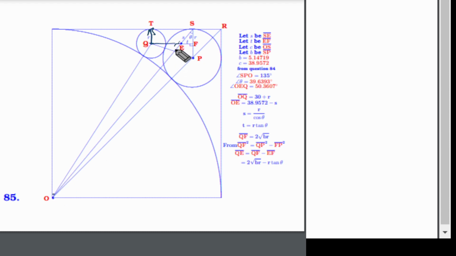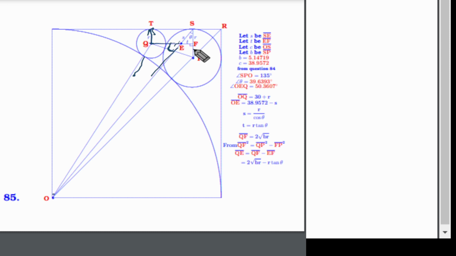Once we know these three sides and some angle, whichever angle you can find, then we can use the law of cosines. To do that, let's survey each piece.